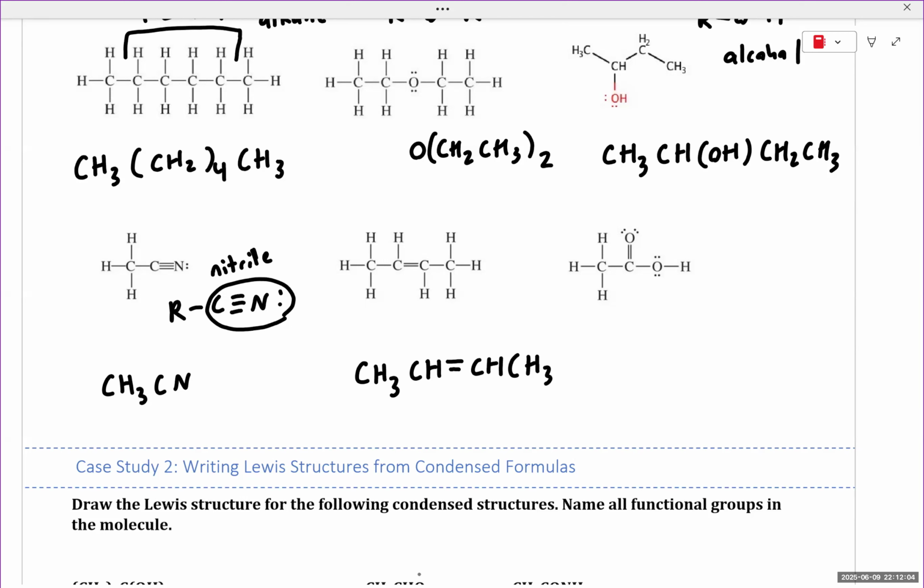Looking at this final case, this RCO2H group is known as a carboxylic acid. So we'd abbreviate this molecule as CH3CO2H.